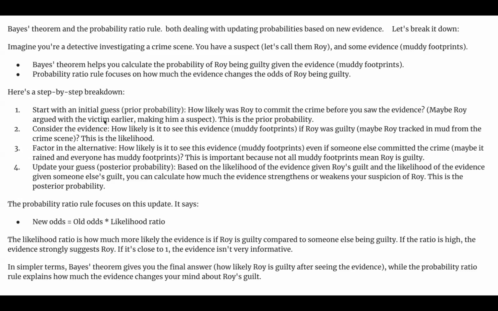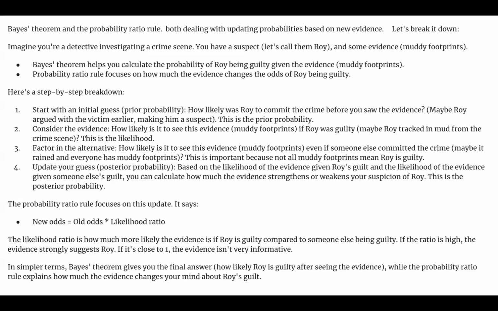So how do we start? We start with an initial guess, which is a prior probability, which could be based on certain circumstances. So let's say somebody heard Roy was arguing or got into a fight with the victim. So the probability that Roy committed the crime would be higher.